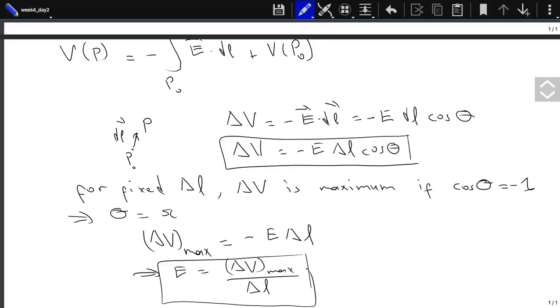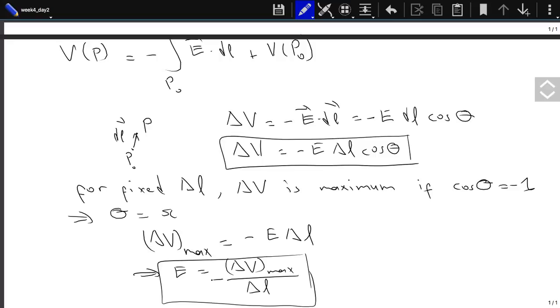If we know the electric potential at every point, then for a given point, we can determine the direction in which the change in the potential would be the fastest. The electric field is in the opposite direction, and this is nothing but we have a minus sign over here. And this is nothing but the derivative of the potential in that direction.